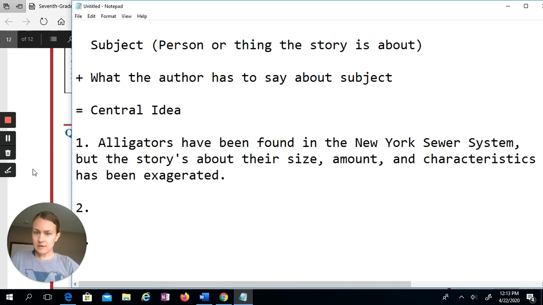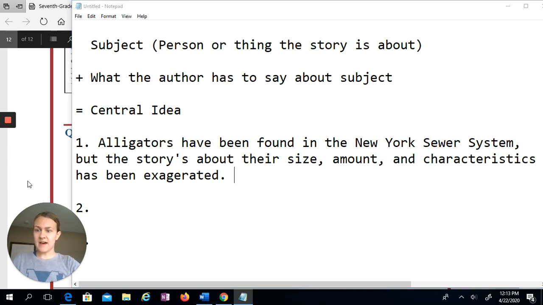So if we look back here, now we identified one of our central ideas, okay? Alligators have been found in the New York sewer system, but the stories about their size, the amount, and characteristics have been exaggerated. Now we need to find text evidence, so information from the text that supports our central idea.